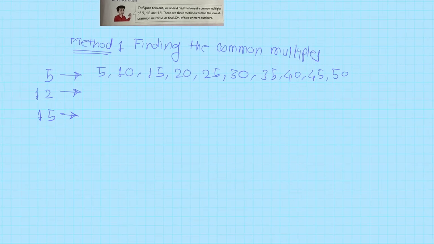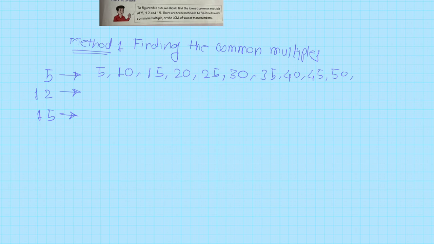I think it's taking a lot of space. 55, 60, 65. We keep adding 5 each time. After 50, we add 5, so 55, then 60, 65.